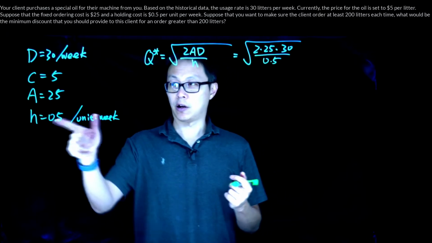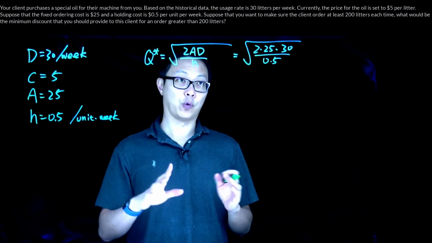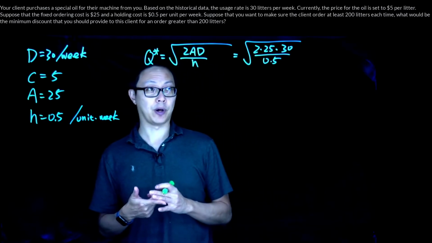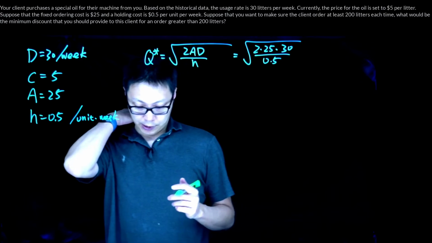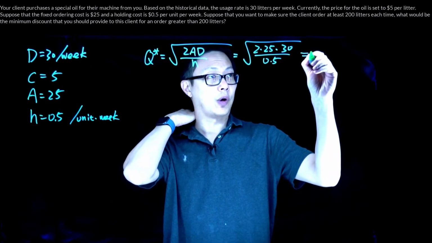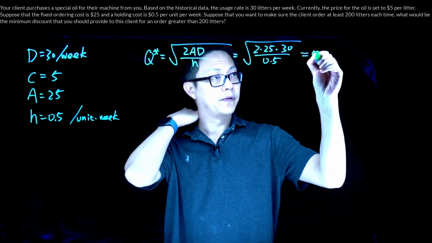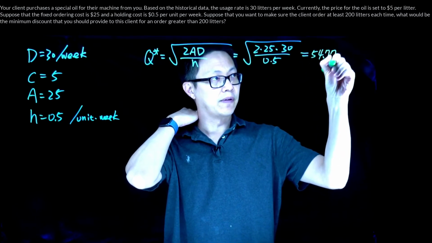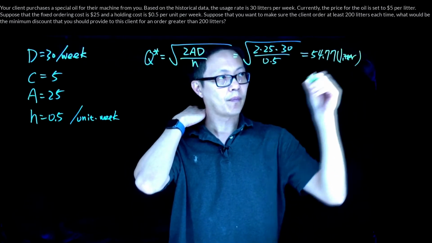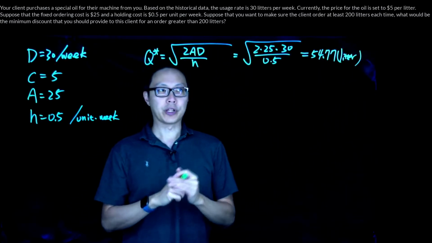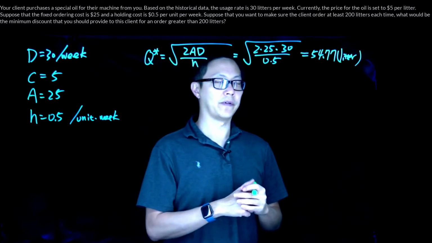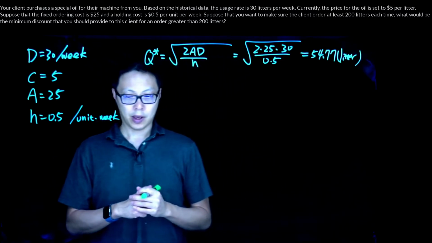The reason is that the holding cost is also per week, so we don't need to do that. All the units that we are going to use in this particular example will be in weeks. So based on the calculations, I believe the order quantity will be 54.77 liters. Okay. So we know without discount, the quantity will be 54 liters.